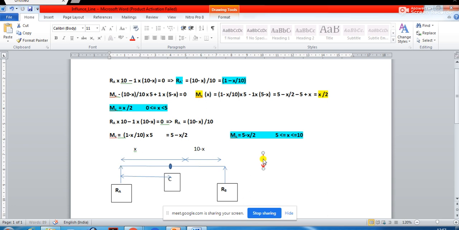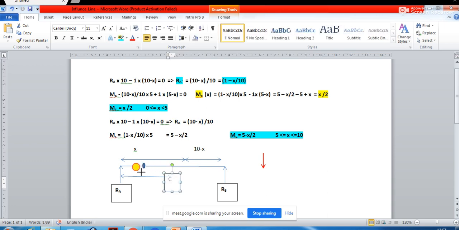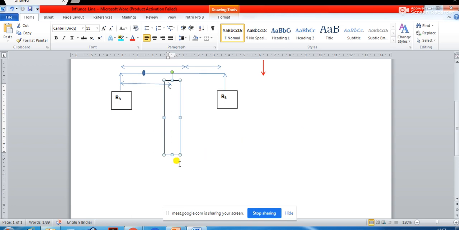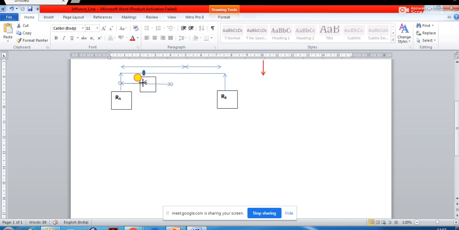So what has happened in this new problem? In this new problem, the position of C has changed. Instead of the middle of the beam, the position of C has come over here, right? And what is this distance from here to here?